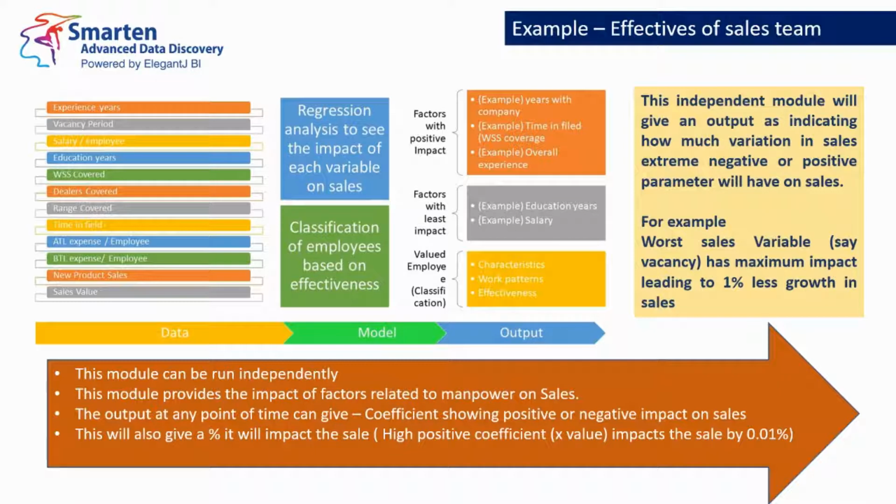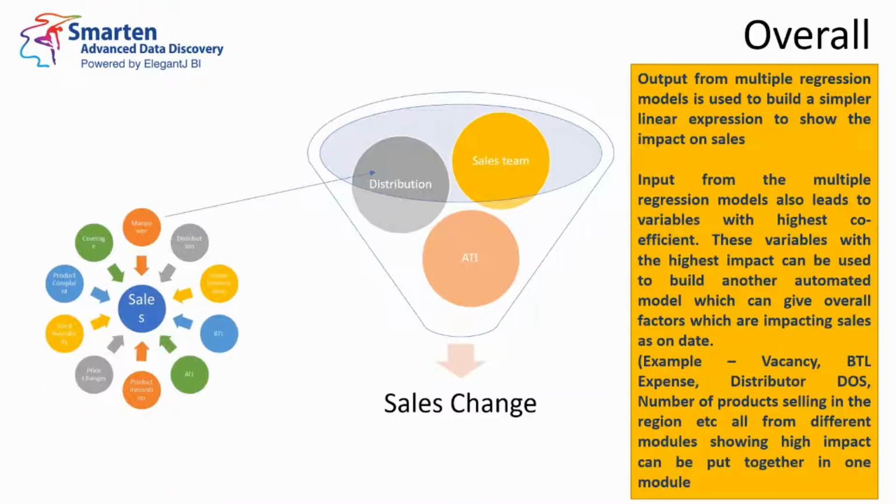Meanwhile, you can take the 6-7 parameters which matter the most here and put them into another repository, which can be used along with the key items from each of the modules here, like from the distribution, from the dealer performance, from the BTL, ATL, product innovation, price fluctuation.